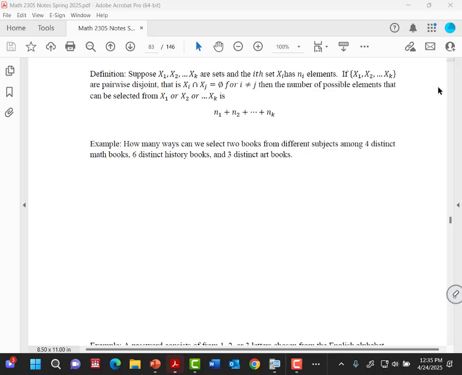So let us see if we can't use this with what we've already discussed to answer a question. How many ways can we select 2 books from different subjects among 4 math, 6 history, and 3 art? Okay, so I have math, history, and art.